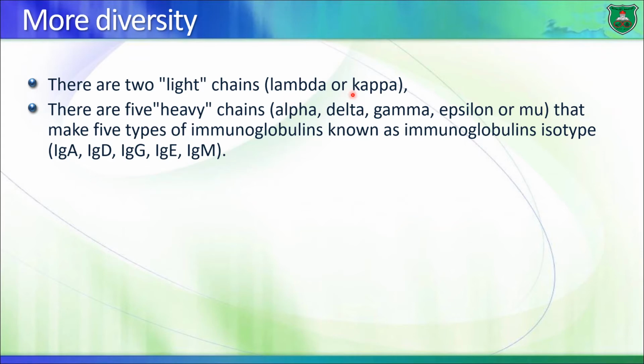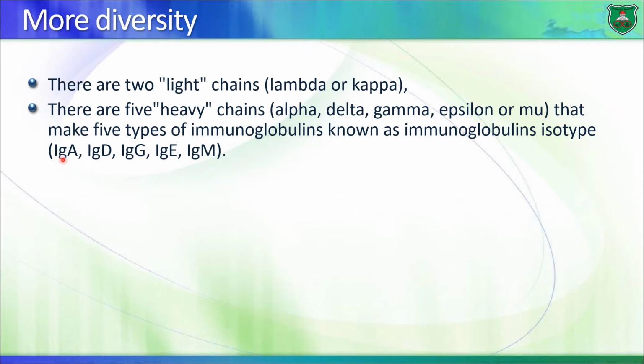So that provides sort of diversity, even though we're not talking about the part that recognizes the antigen. As for the heavy chain, there are 5 types, and these are known as IgA, IgD, IgG, IgE, and IgM. Ig, by the way, stands for immunoglobulin.